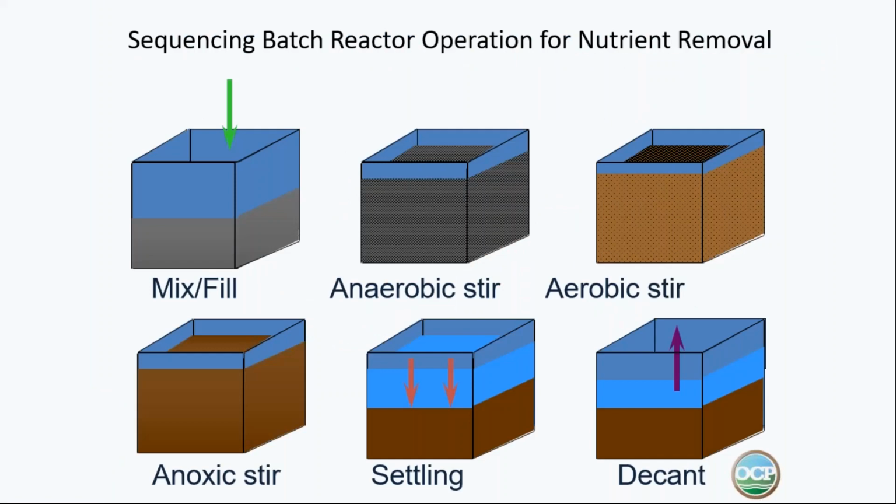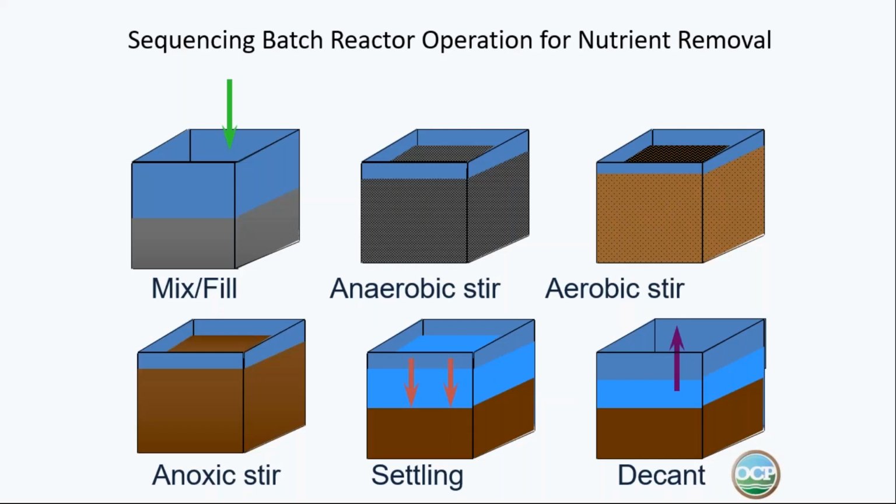The same with sequencing batch reactors. You change the setup a little bit. You have a mix and fill with no aeration. Then you continue to stir as an anaerobic stir. You're not putting any air or oxygen into the system, again for about 30 minutes to an hour. Then while stirring, you start adding air to cause nitrification and to get rid of BOD.